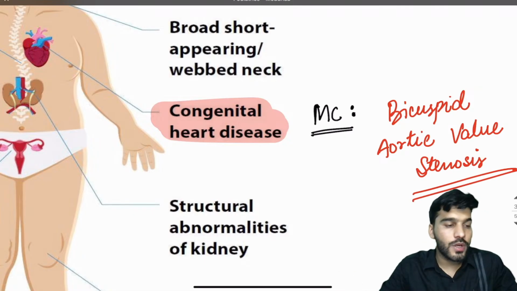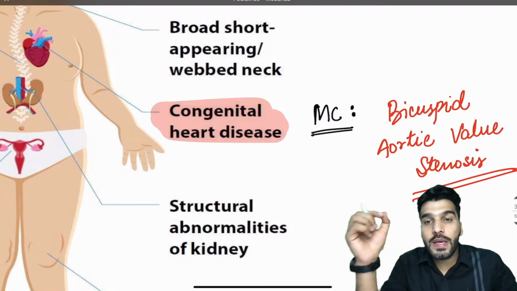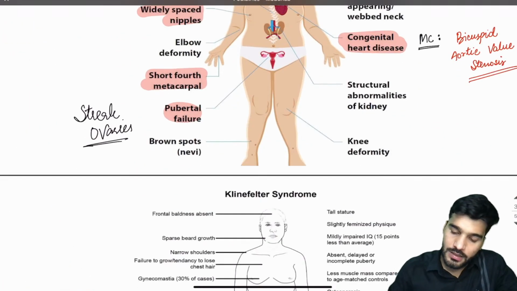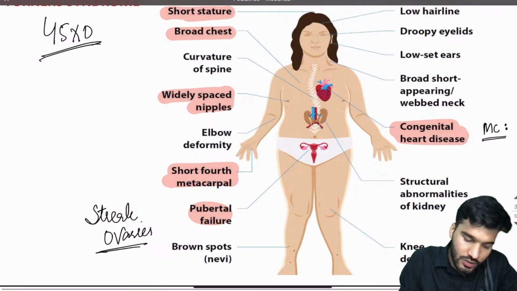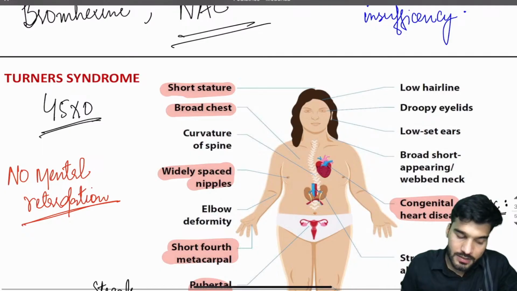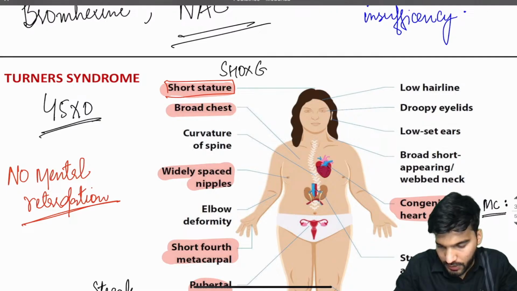One question was asked: which of the following is incorrect about Turner syndrome? Remember, guys, in Turner syndrome there is no mental retardation. Second, the gene that is defective in short stature is the SOX gene.